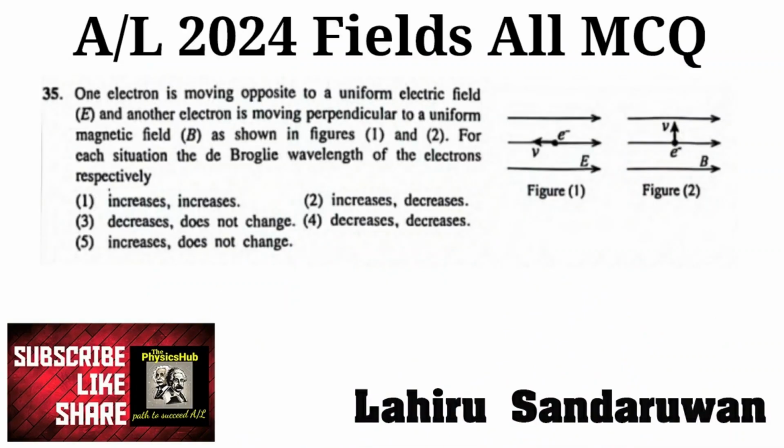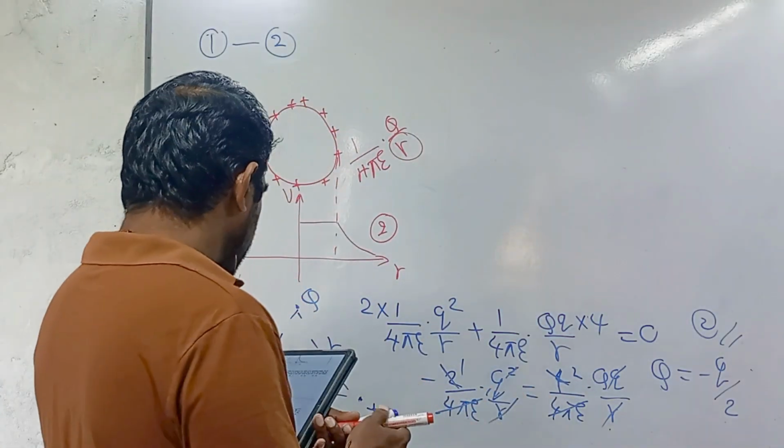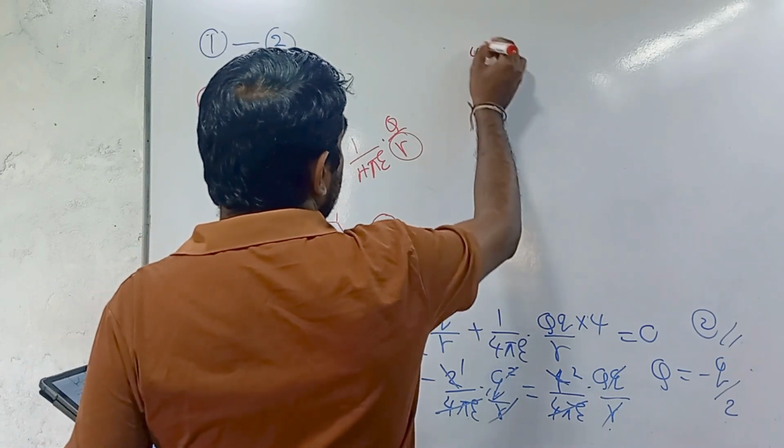Question number 4. One electron is moving opposite to a uniform electric field E, and another electron is moving perpendicular to a uniform magnetic field B, as shown in figures 1 and 2. For each situation, what happens to the de Broglie wavelength of the electrons respectively? We can remember the equation for the de Broglie wavelength.